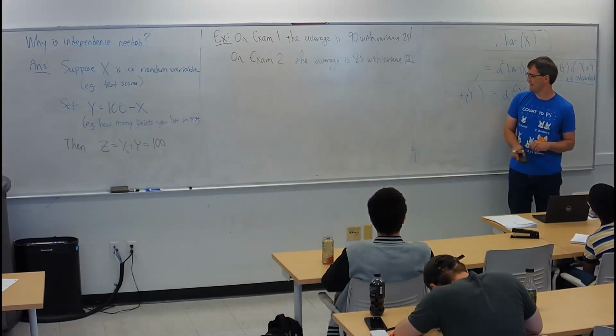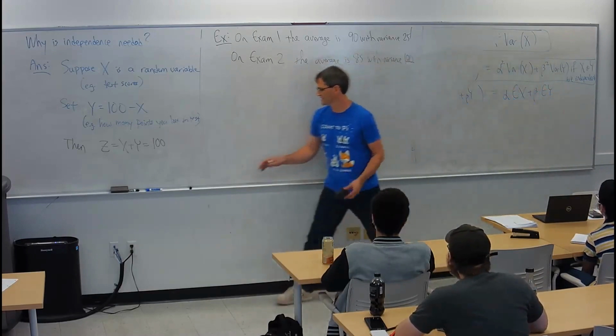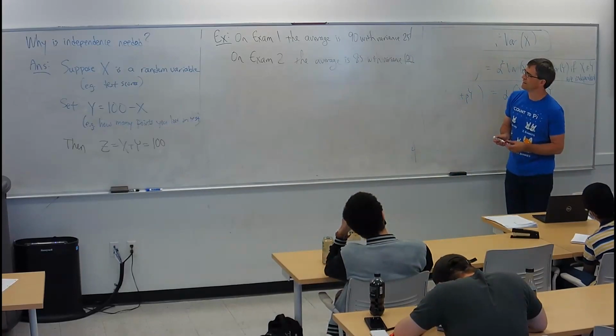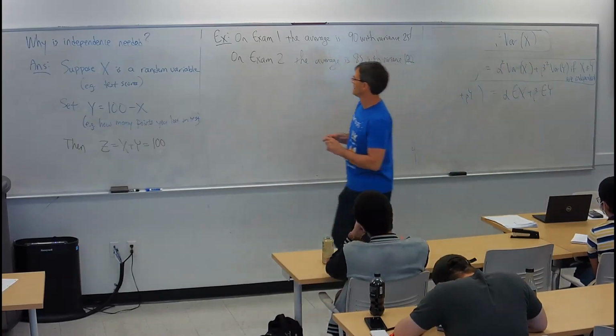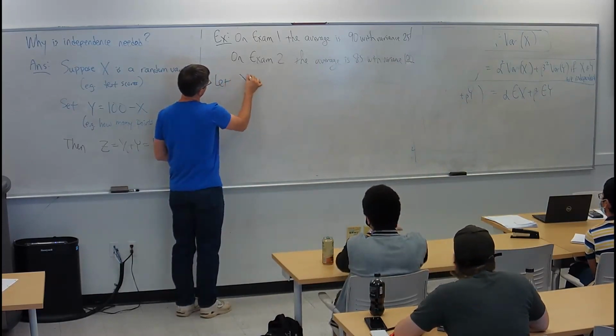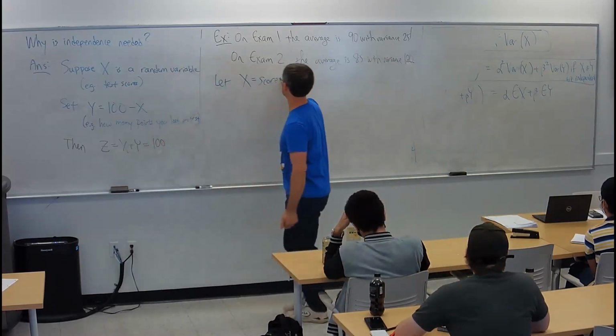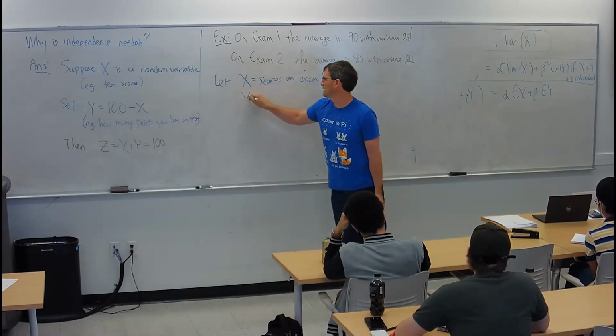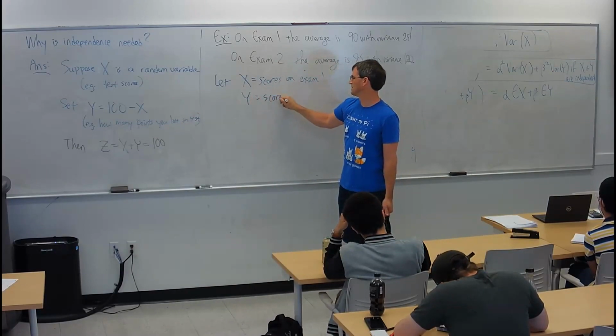A perfect test has a standard deviation of 10 points and a mean of whatever it is you think the mean should be. So I will let X represent scores on exam 1. And Y be scores on exam 2.